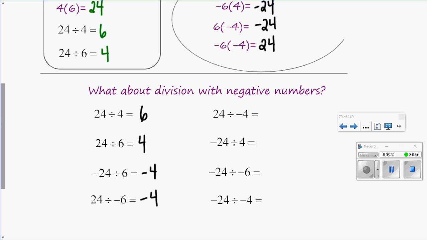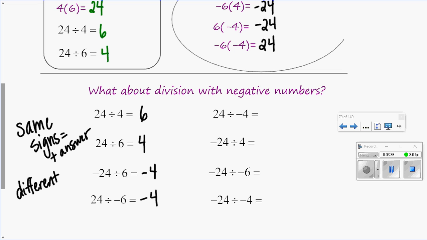All right, go back up to the top right, and now I want you to try them on your own. So remember, same signs, positive answer, different signs, negative answer.